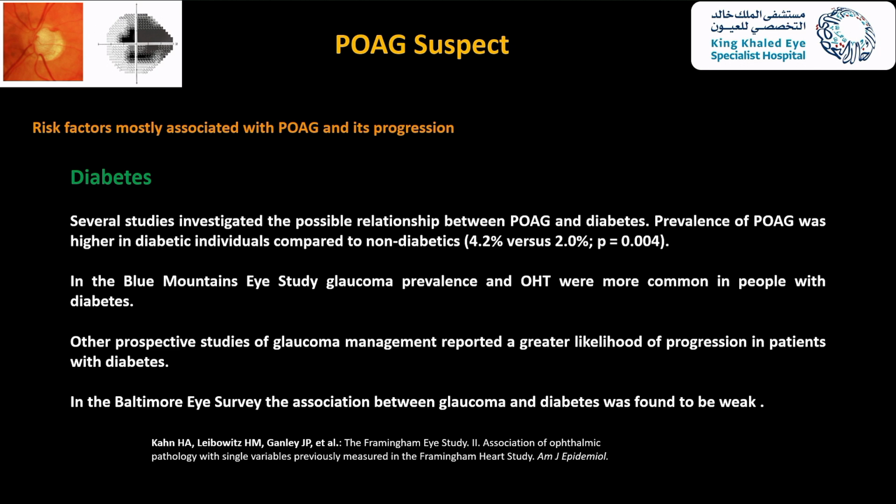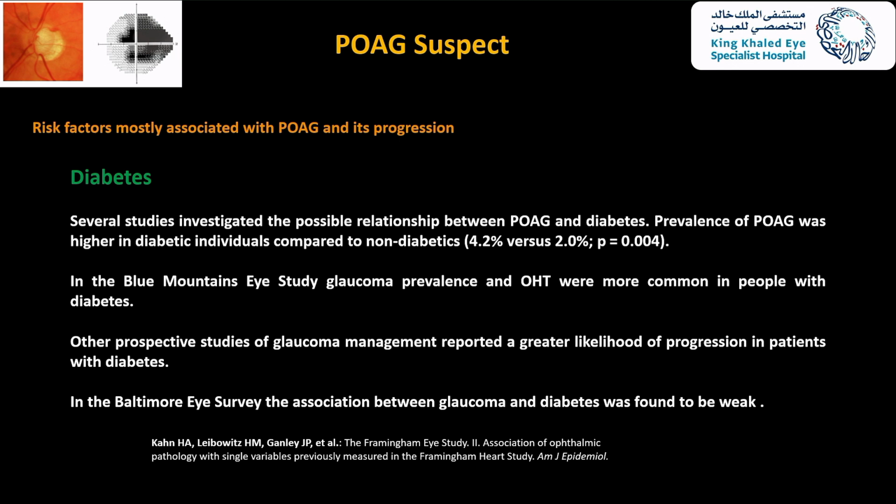Diabetic patients: several studies investigated the possible relation between primary open-angle glaucoma and diabetes, and the prevalence was higher in diabetic individuals compared to non-diabetic. In the Beaver Dam Eye Study, glaucoma prevalence and ocular hypertension were more common in people with diabetes. Another prospective study of glaucoma reported a greater likelihood of progression in patients with diabetes, especially type 2.